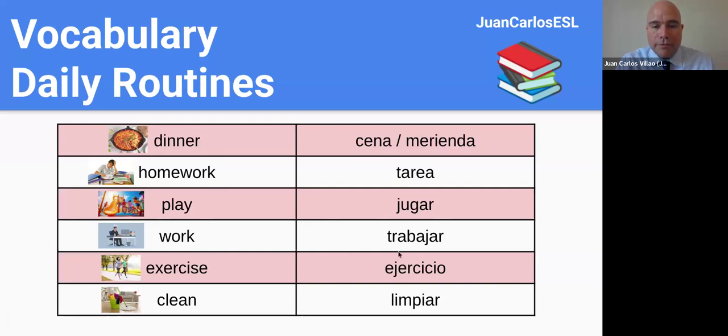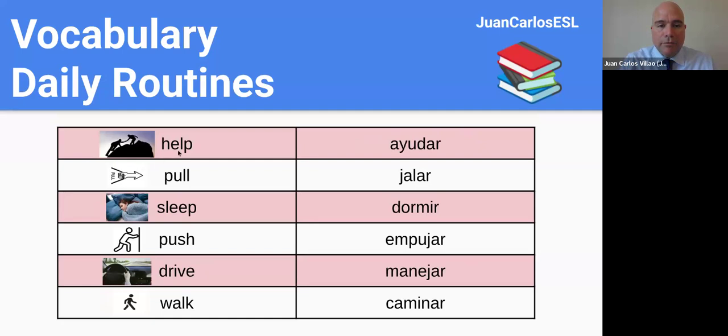Trabajar. Exercise. Ejercicio. Clean. Limpiar. Help. Ayudar.